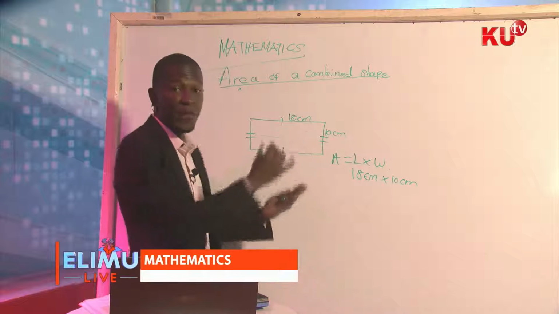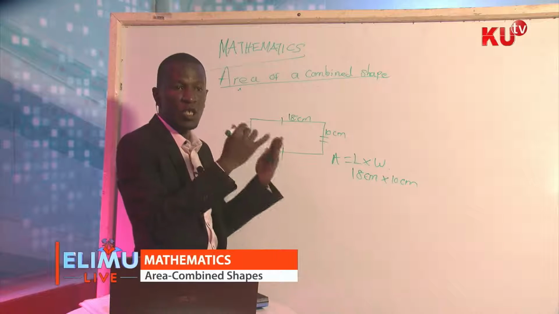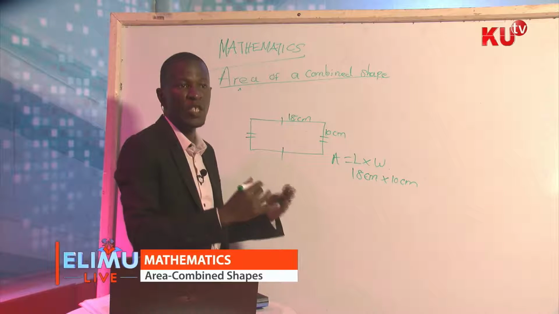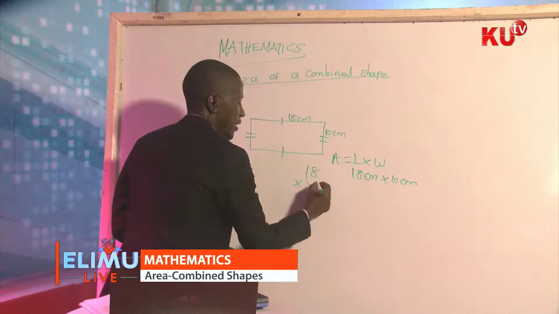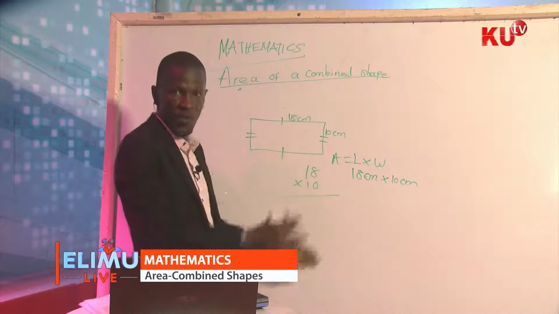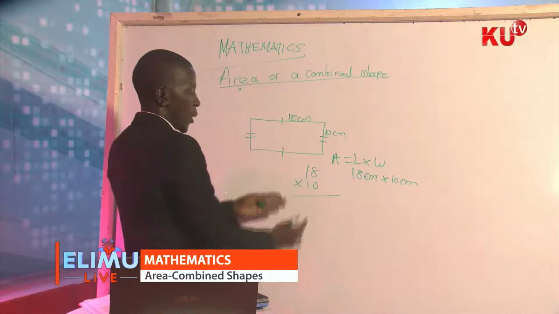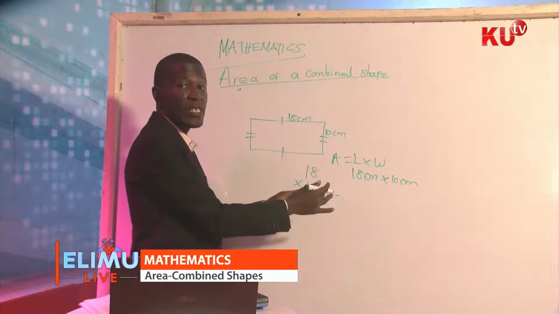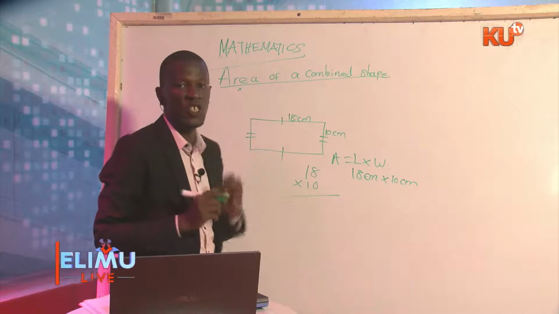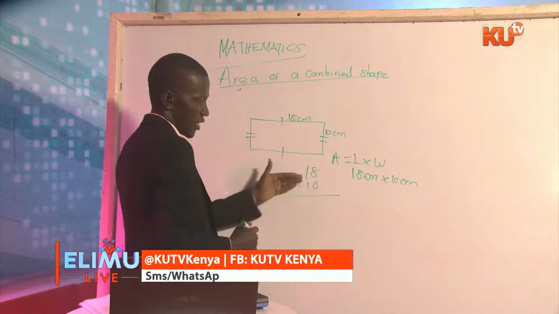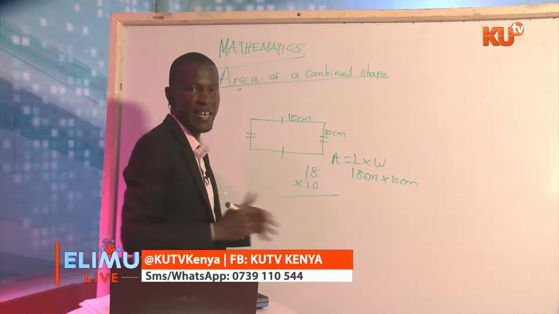Then you can arrange them going down if it is a two-digit number multiplying by a two-digit number. So we have 18 times 10, arranged going down like that. The number on the top, which is 18, we are going to multiply with each and every digit of the number down here, that is 10.